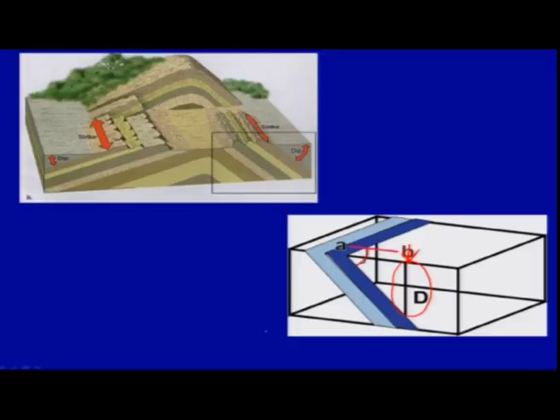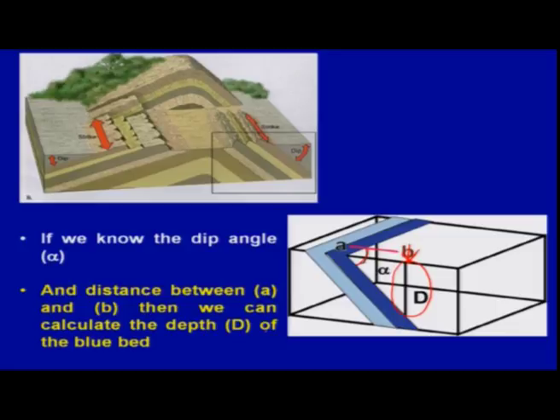With a simple trigonometric relationship, you can calculate D, which is equal to AB tan theta, or tan alpha. And this will be the thickness of the bed, calculated perpendicular to the bedding planes. These are the bedding planes we have here.